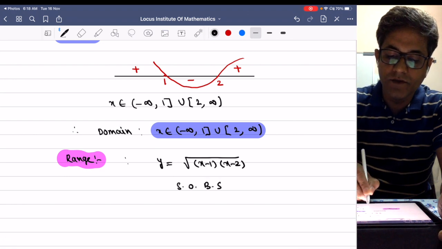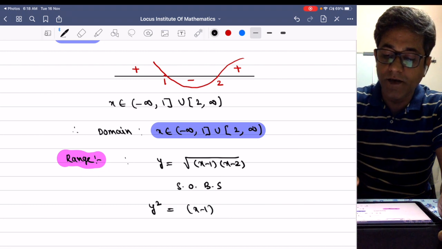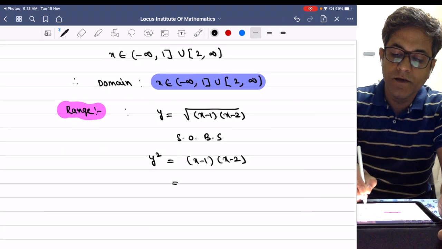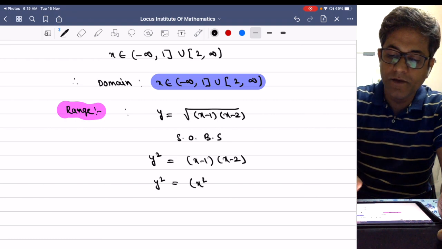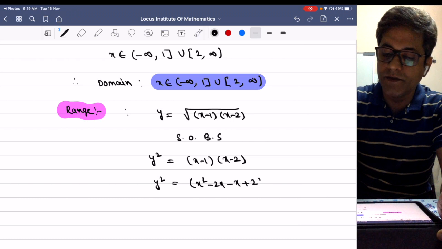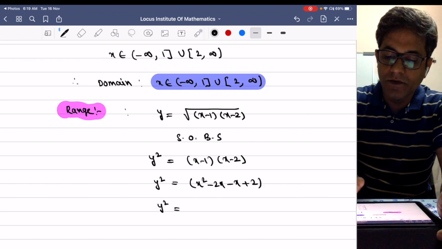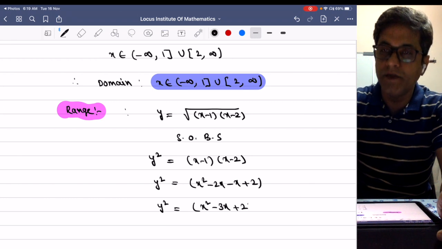Then you get y square is equal to (x minus 1) into (x minus 2). So now open the bracket, that is y square is equal to x square minus 2x minus x plus 2, that is y square is equal to x square minus 3x plus 2.